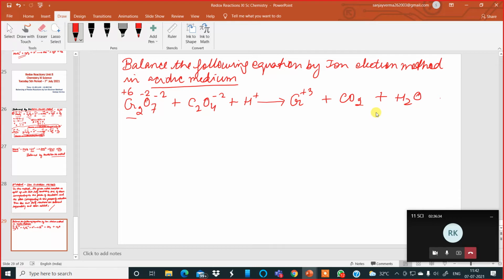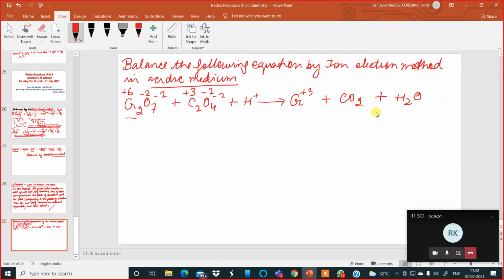Carbon, in C2O4, the oxalate ion: oxygen is minus 2, so 4 twos are 8, minus 8 goes that side, it becomes plus 8, minus 2 is 6, so this becomes plus 3.